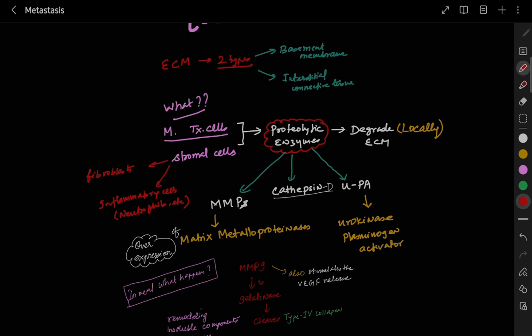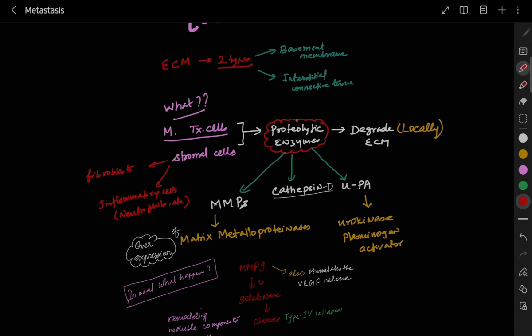Generally, there are the malignant tumor cells and the stromal cells. The stromal cells mean the fibroblasts and the inflammatory cells. Obviously, since this malignancy is happening, there will be inflammation present.